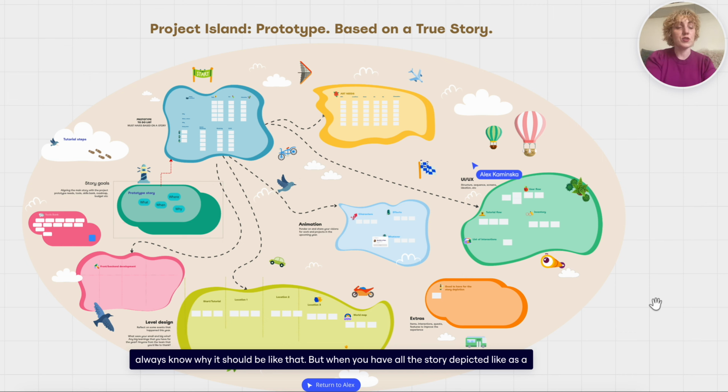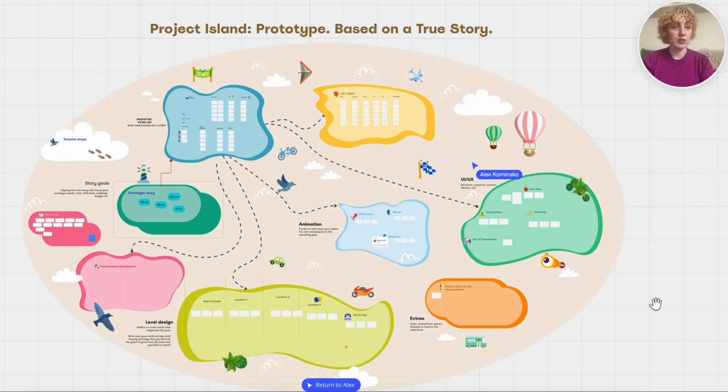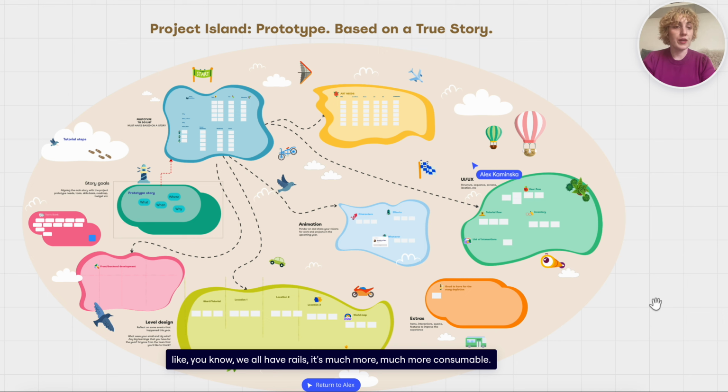But when you have the story depicted as a plan, not just words that nobody will read, especially now, when we all have reels, it's much more consumable. When the story is revealed as a plan and visually depicted, it's much clearer to understand the reasons behind every character, every location, every item to be used. And all the schedules become super clear for everyone involved.